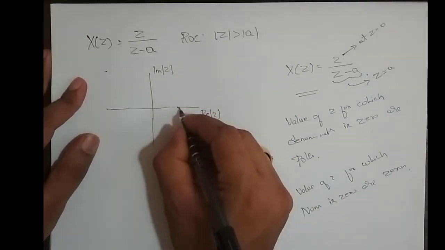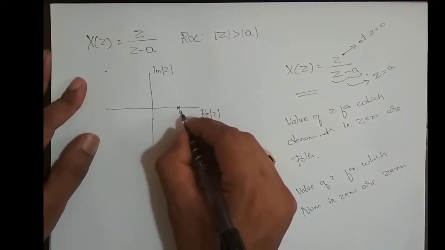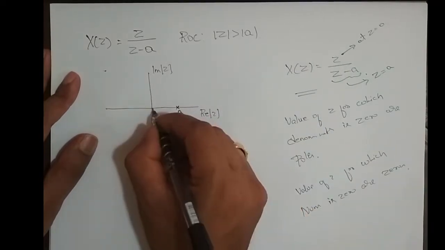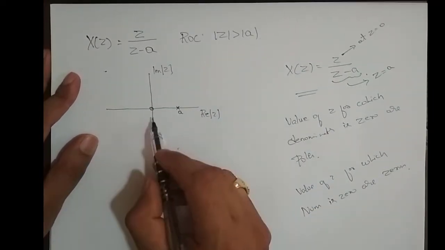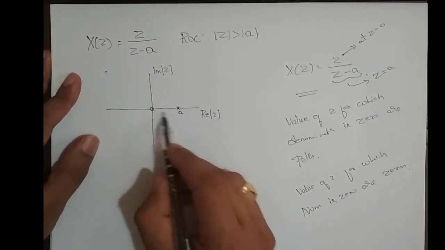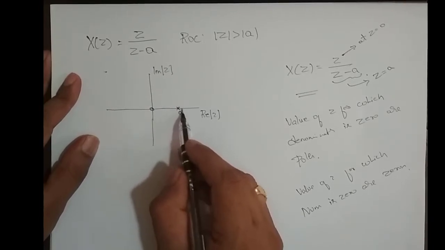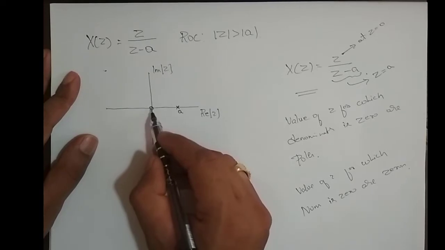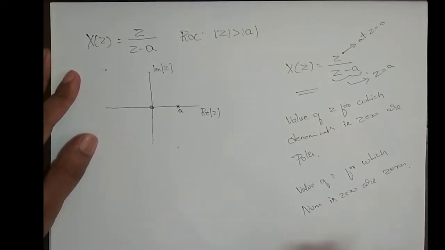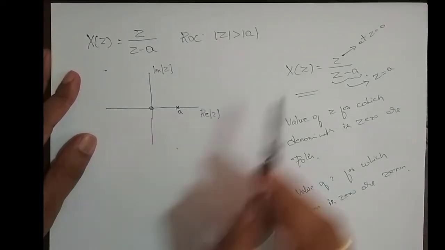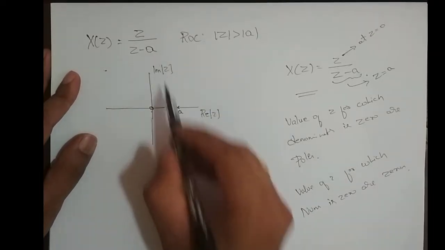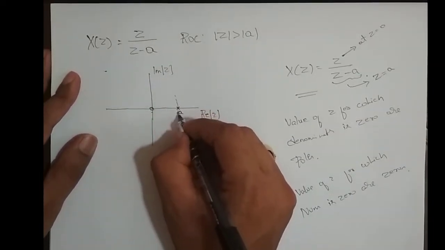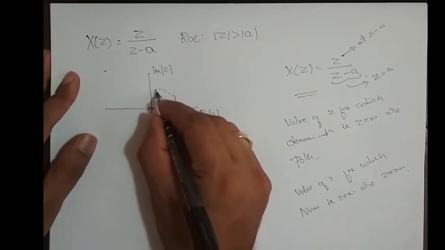For example, if this is my a, and I have a zero at z equal to 0, we denote a zero as a small circle and a pole as a small cross mark. Whenever I write a cross mark, it's a pole, and whenever I write a small circle, it is a zero. So it has one zero at z equal to 0 and one pole at z equal to a, and corresponding to a, I will have a circle.